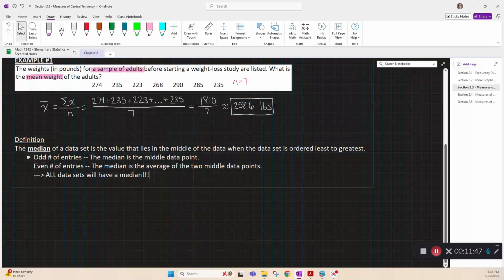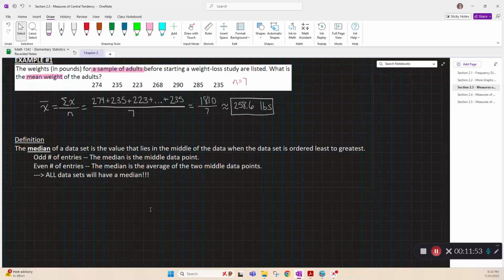So I covered all the bases. If I have an odd number of entries, boom, it's in the middle. If I have an even number of entries, I take the middle two and I find the average. So it's still in the middle. All data sets will have a median. With that said, all data sets have a mean.